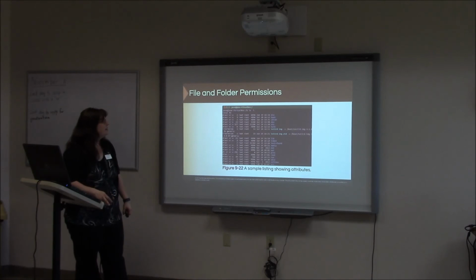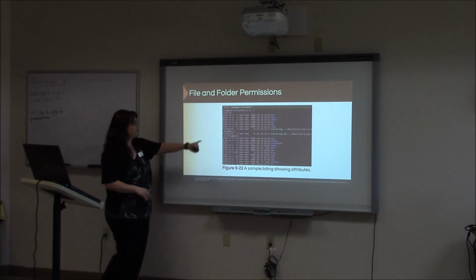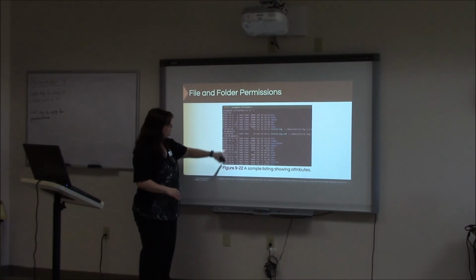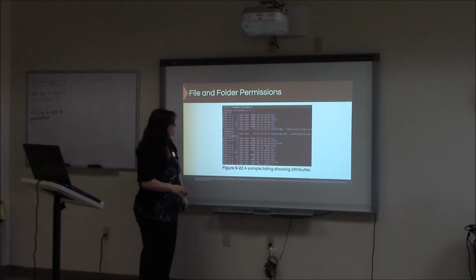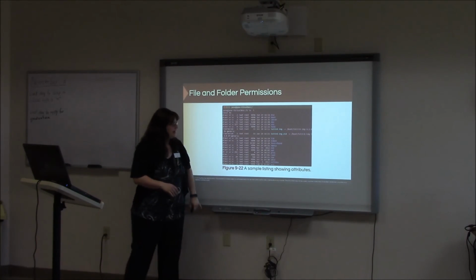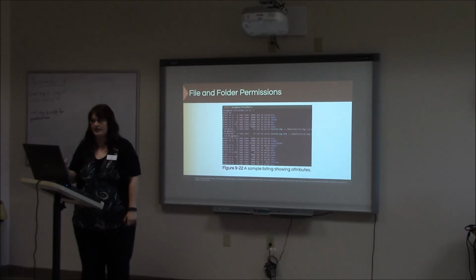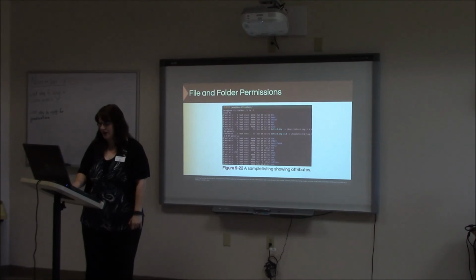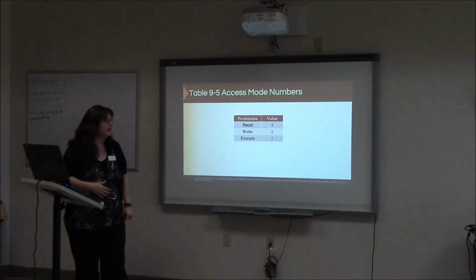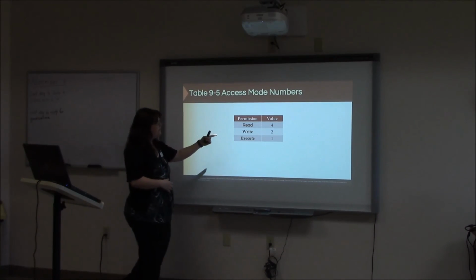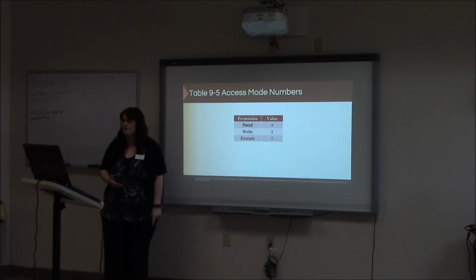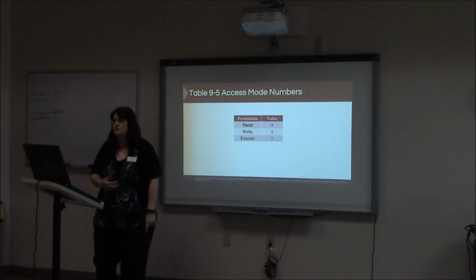And here's an example of file and folder permissions. So we've done a list, and we can see this little weird codey thing right here, drwxr-xr-x. That actually is how they're showing permissions. This is who can read, who can write, and who can execute that file. And they do it in kind of an interesting way. Whether you can read, write, or execute is assigned a numerical value, and then all those values add up to something.